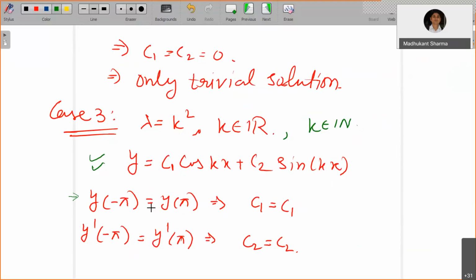So y at minus pi is equal to y at pi. What you observe is C1 cos k pi plus C2 sin k pi is equal to C1 cos k pi minus C2 sin k pi.